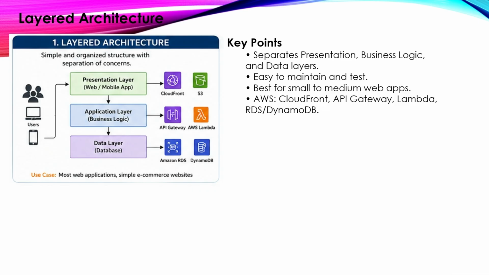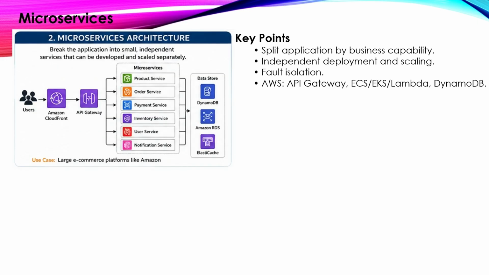But the main point to understand is that all the layers are separate: presentation, business, and data layer. So it is easy to maintain your application, and it is best for small to medium web apps. We call this the three-tier architecture, right? This is a common architecture pattern in e-commerce or any web application.